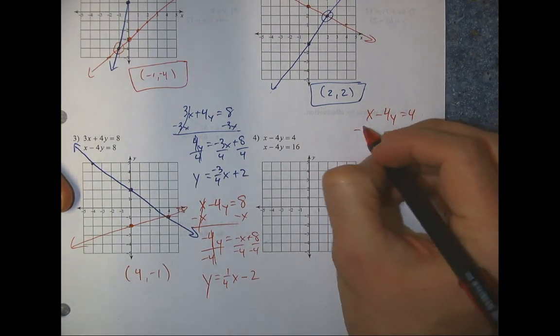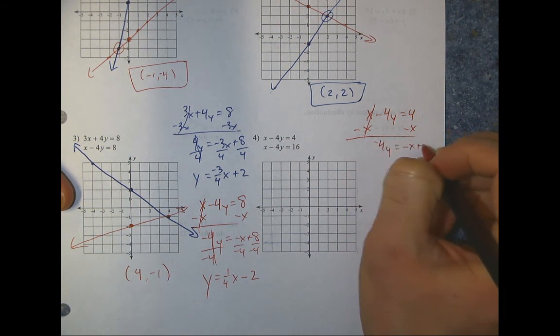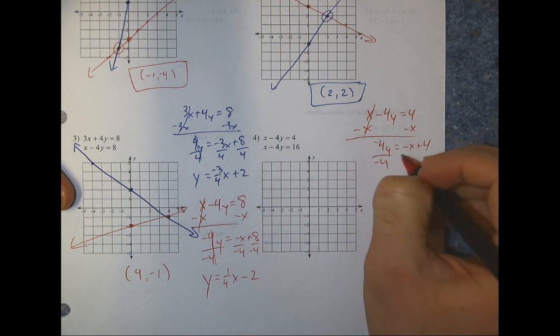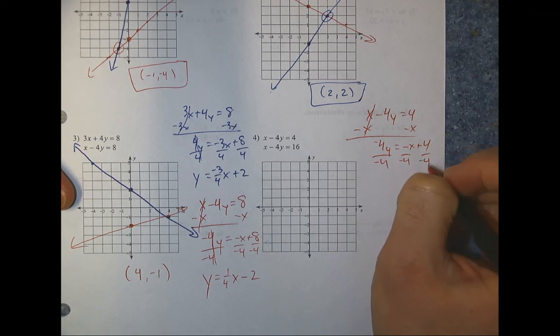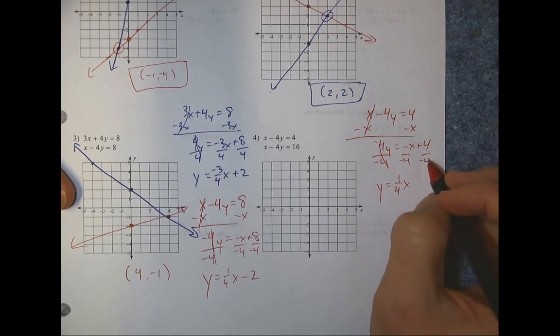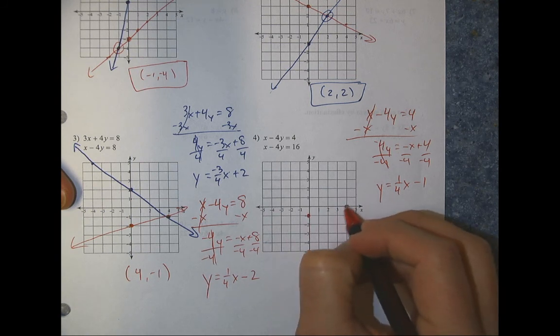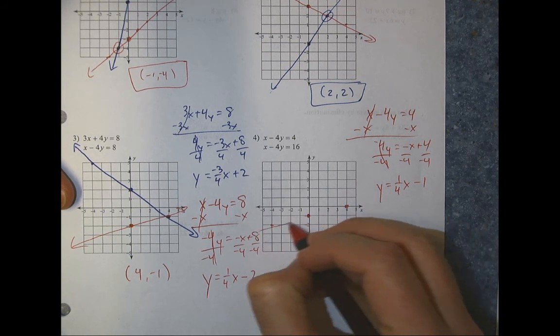Get y by itself, so move the x. And divide by -4. 2 negatives make a positive. It's 1/4 x. 4 divided by 4 is 1, and it's going to be a negative, so it's -1. So we're starting at -1 and going up 1 over 4, down 1, left 4.